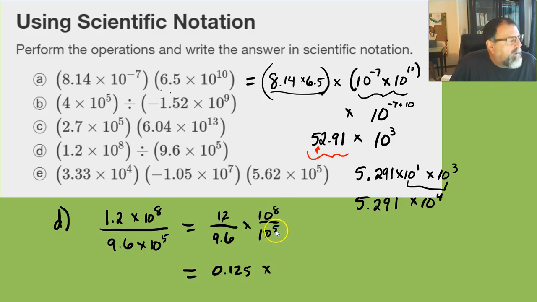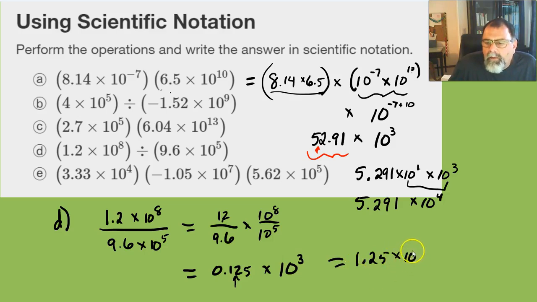And then exponent rules here. So 8 minus 5 is 3. And then we want it in scientific notation, so the decimal place has to go there. So that's going to be 1.25. I'm ignoring the 10 to the 3, just looking at this number. I want this number to get smaller, so I have to move this to the left one place.